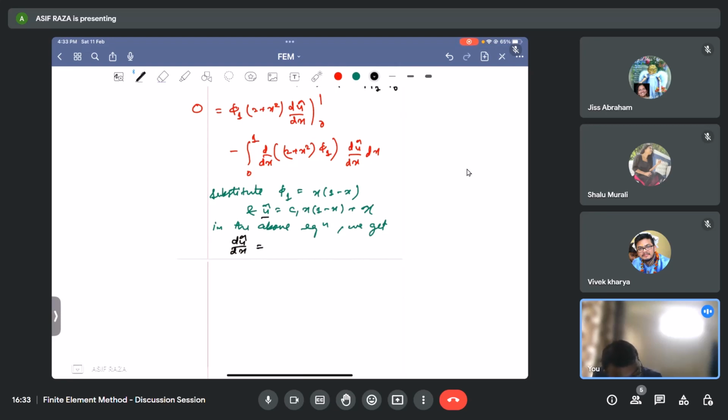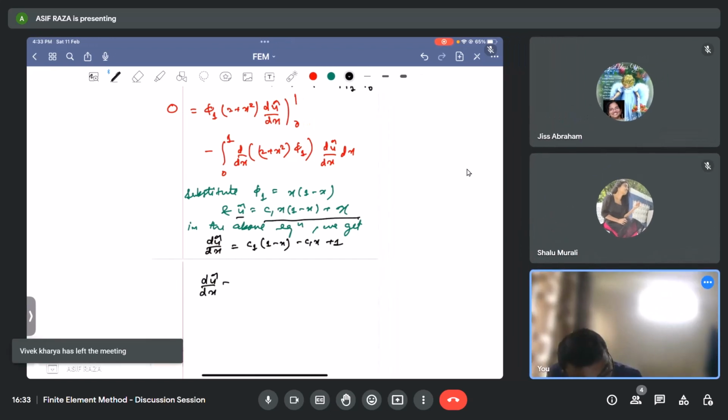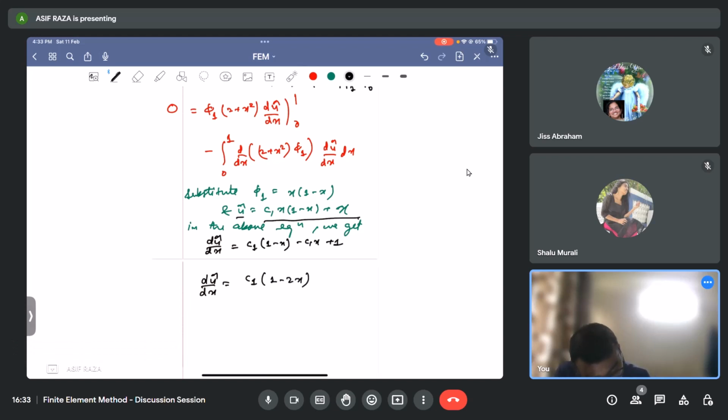Du hat by dx would be c1 times 1 minus x minus c1 x plus 1. We differentiate this one, so this can be simplified and written as c1 times 1 minus 2x plus 1.